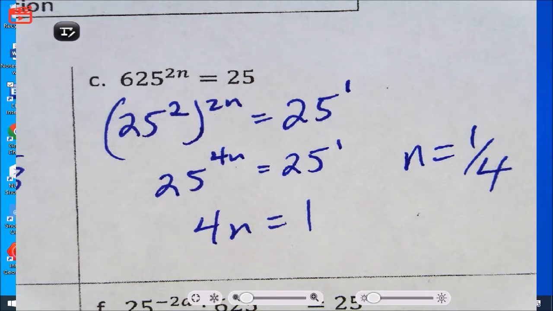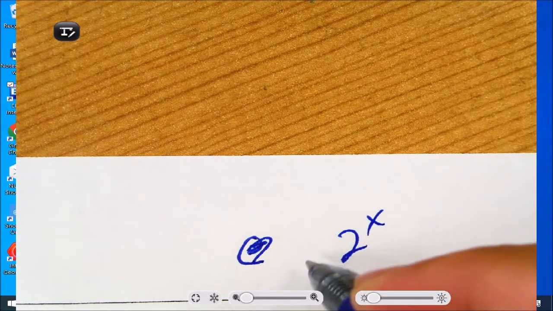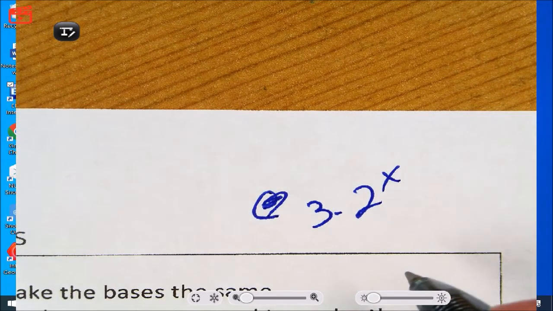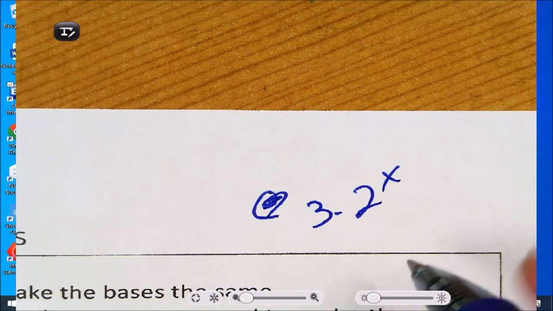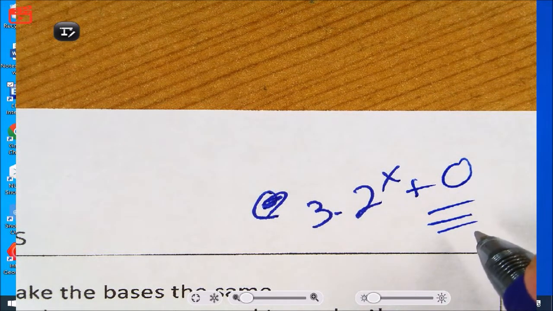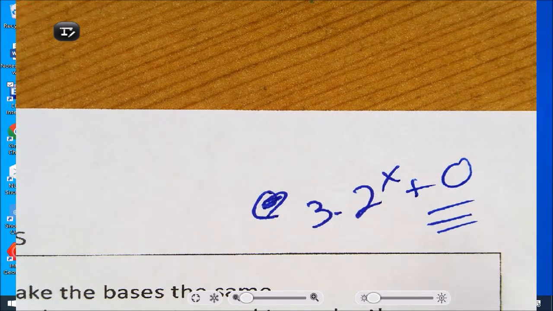Like yesterday, you had equations like 2 to the x, and you had a 3 times 2 to the x. And then I asked for what's the horizontal asymptote, and the horizontal asymptote uses the plus whatever. But there's nothing being added, that's a 0. Okay, this has nothing to do with today's lesson. I'm just answering somebody else's question. Are you okay with that? That's for the video.